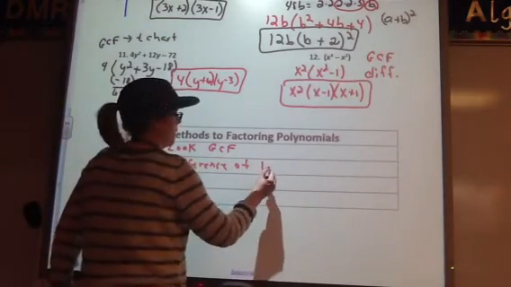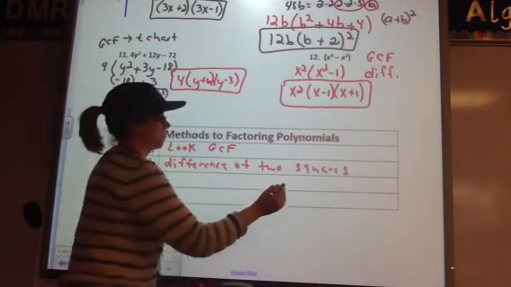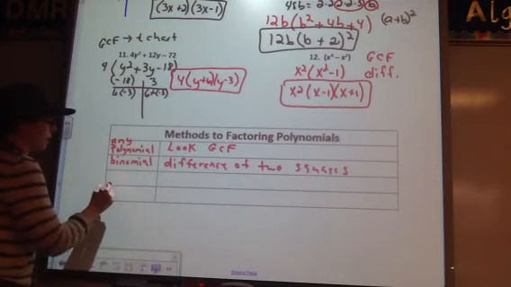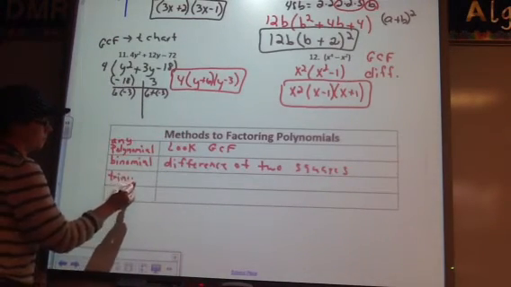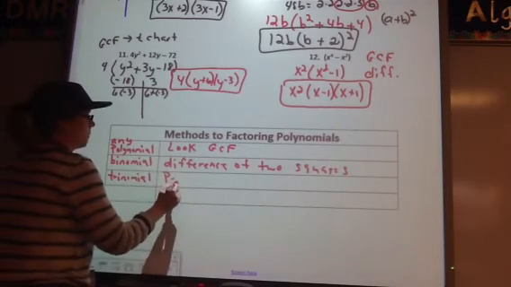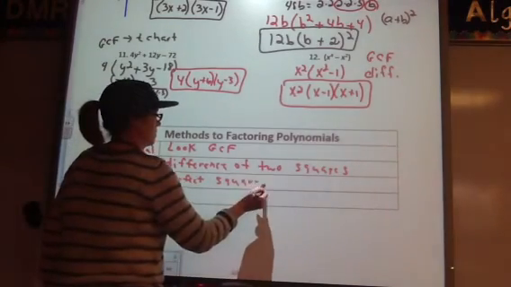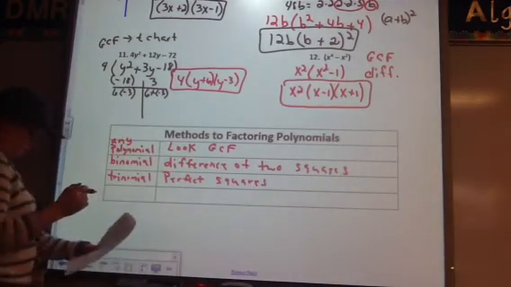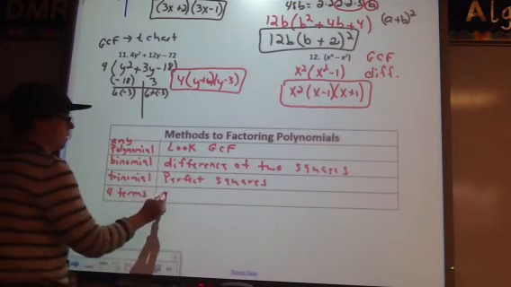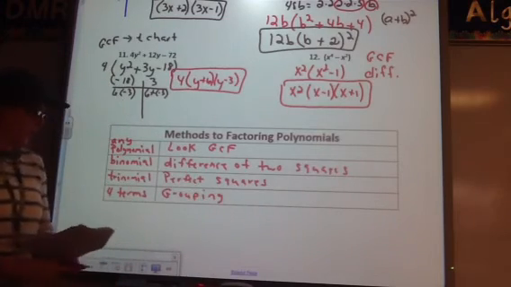Let's call that two squares. Okay? And then if it's a trinomial, you want to look at perfect squares. And then if it has four terms, you want to look at grouping.